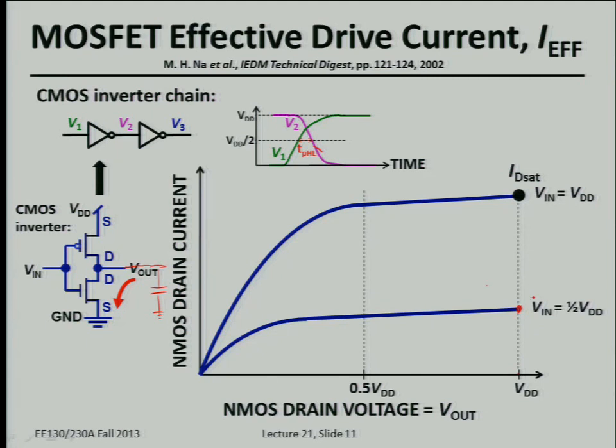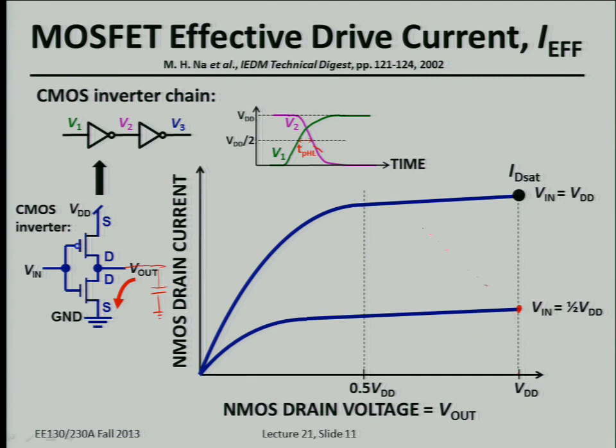Once you turn on the NMOS transistor, what happens to the output voltage? It starts to fall, so the output voltage starts to go towards 0. But that's happening at the same time that the input voltage is still rising.